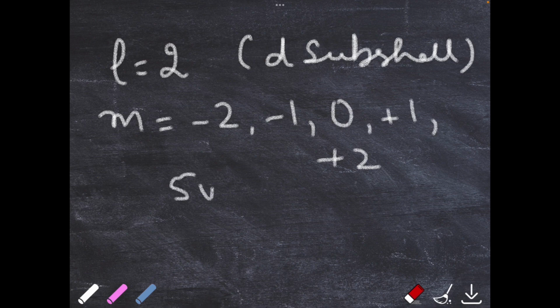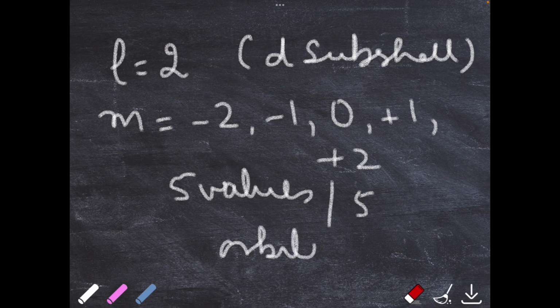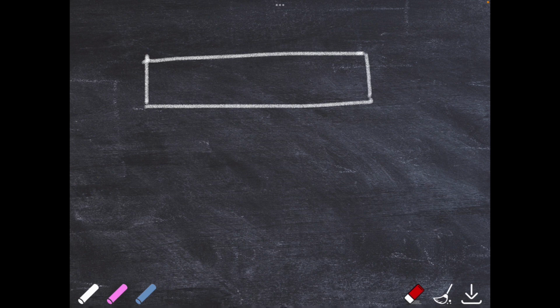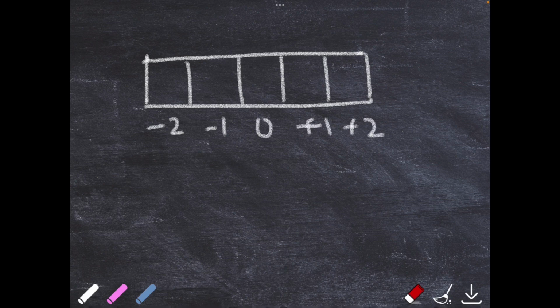That is 5 values or 5 orbitals. And we will make it like this: -2, -1, 0, +1, +2.